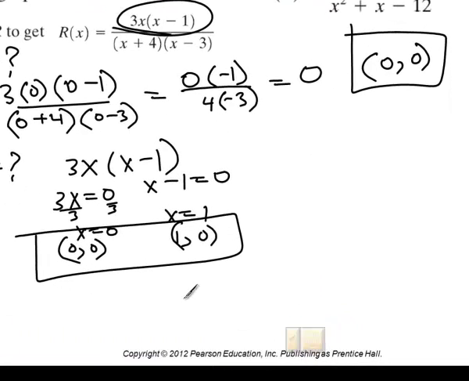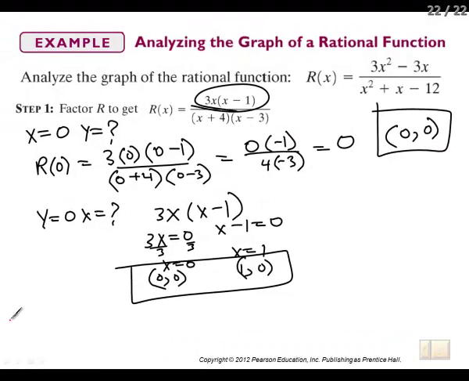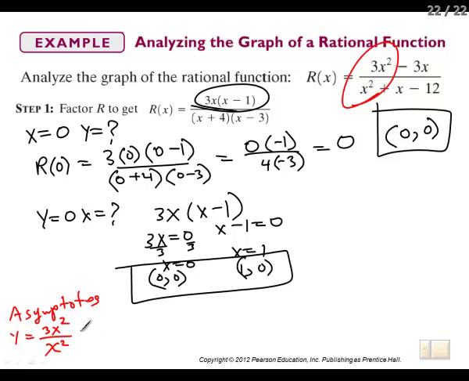All right, and so now let's say we want to find our asymptotes. We'll find our y asymptote. Look at the degree of the numerator, 3x squared, leading term, over the degree of the denominator, 1x squared.